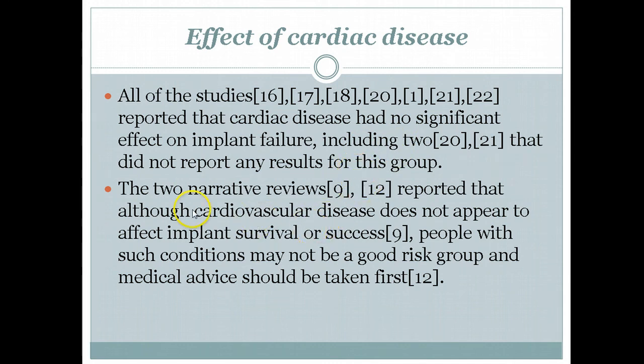The other 2 narrative reviews reported that although cardiovascular disease does not appear to affect implant survival or success, people with such conditions may not be a good risk group, and medical advice should be taken, which is kind of common sense.